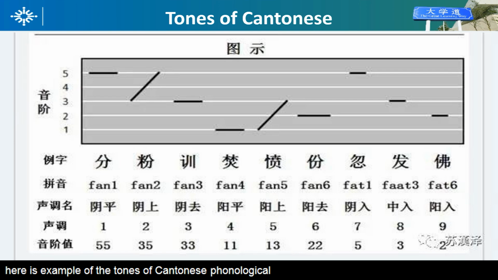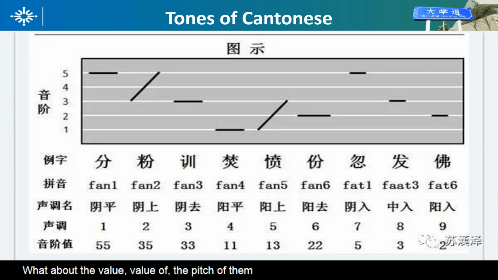Okay, here's an example of the tones of the Cantonese phonological system. As I mentioned, there are 9 tones in Cantonese, which are 阴平、阴上、阴去、阳平、阳上、阳去、阴入、中入、阳入. 平、上、去、入 are classified further into 9 altogether.